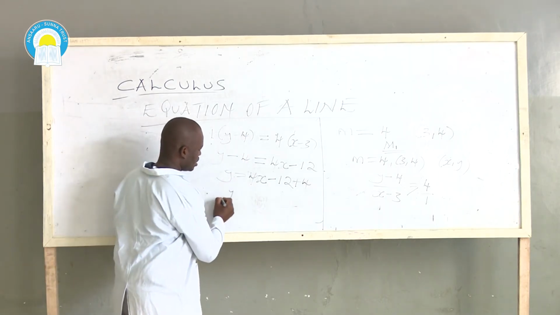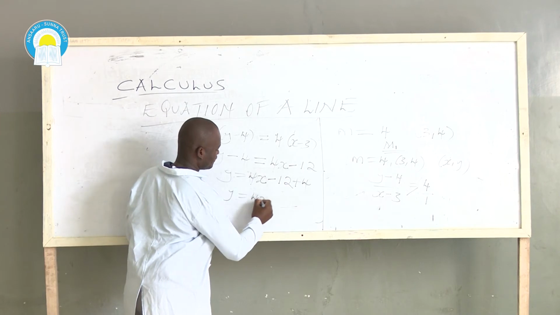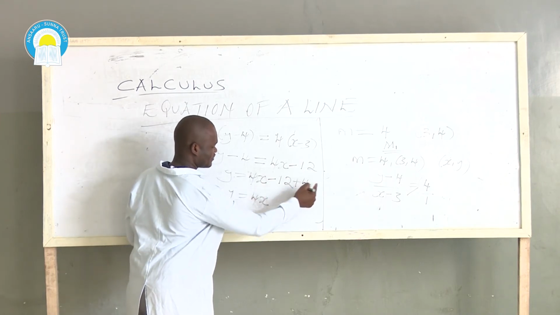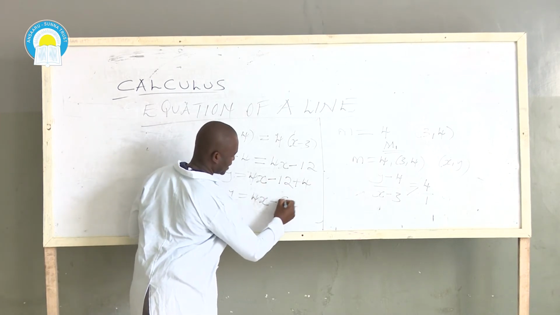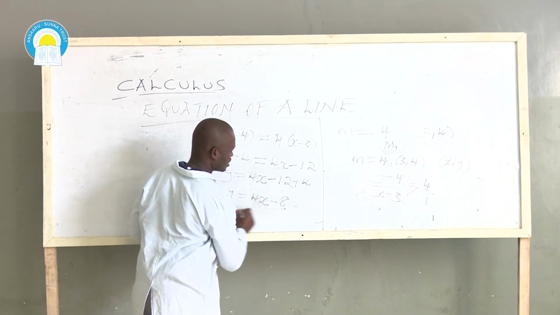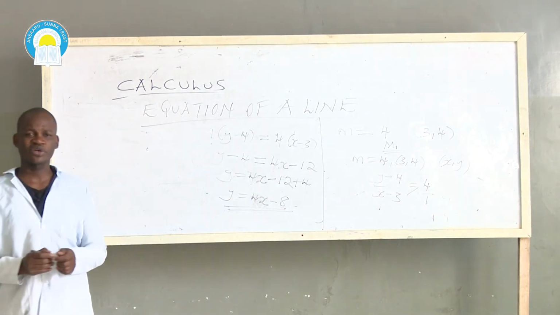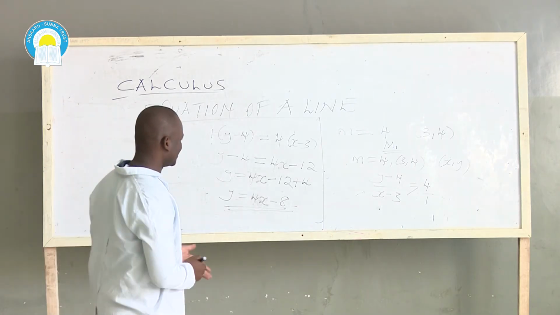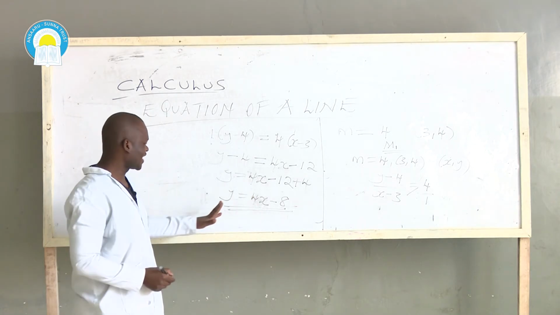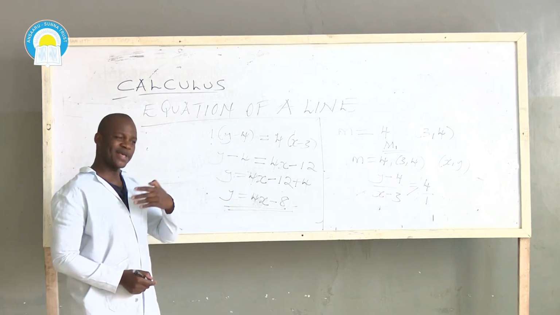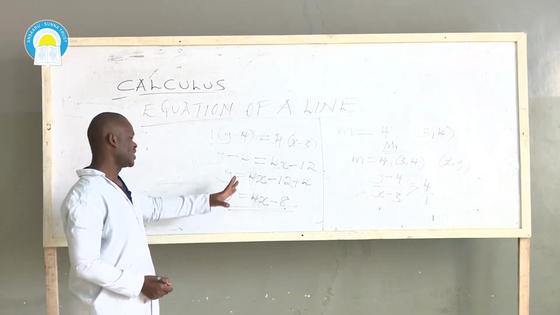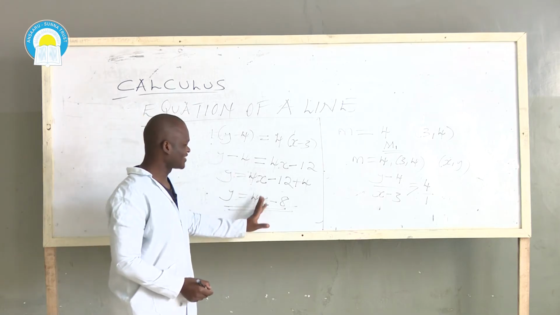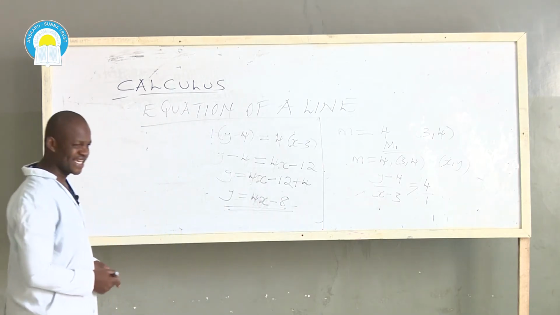Then we have y is equal to 4x, negative 12 plus 4 gives you negative 8. So we have our equation in the general form y is equal to mx plus c, which is y equals 4x minus 8.